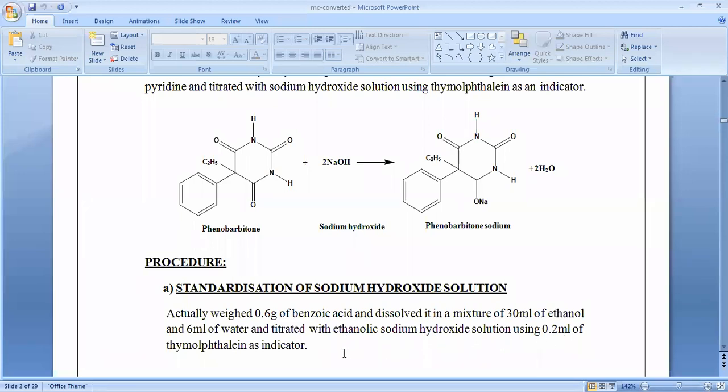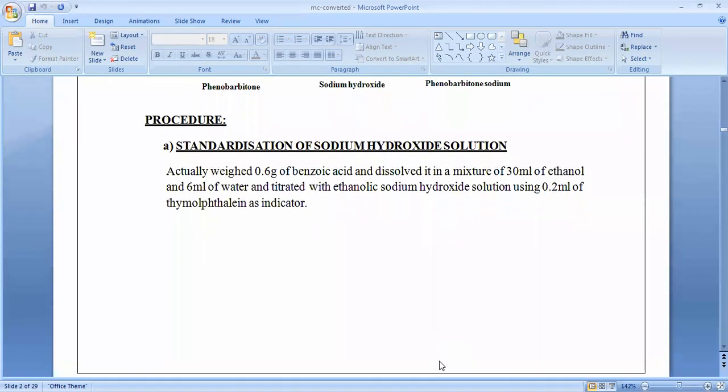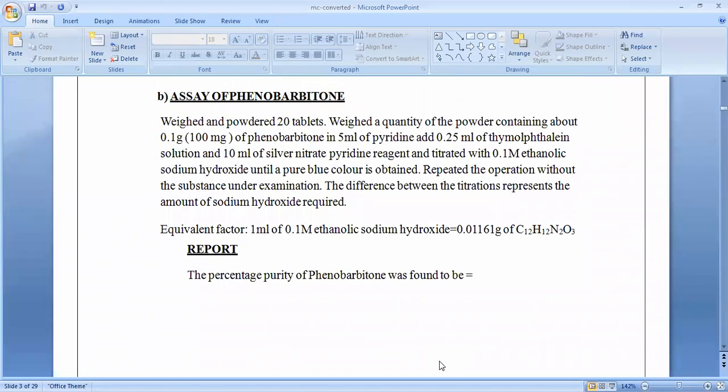Then titrate it with ethanolic sodium hydroxide solution using 0.2 ml of phenolphthalein as an indicator. So this is about the standardization.